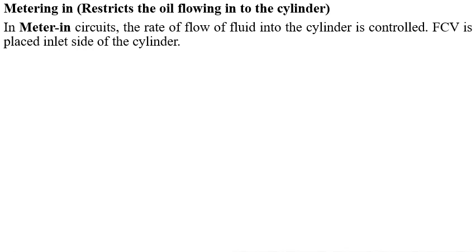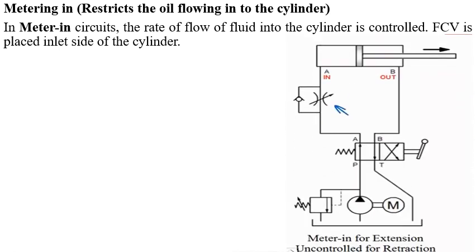So the rate of flow of fluid into the cylinder is metered or controlled. The figure illustrates the meter in circuit that can be used to control the speed of the hydraulic cylinder using the flow control valve.